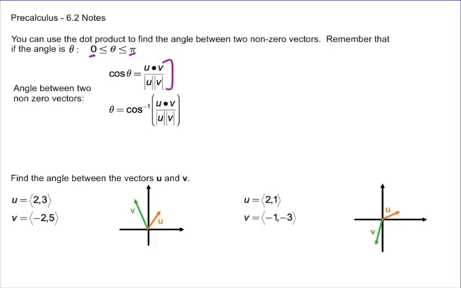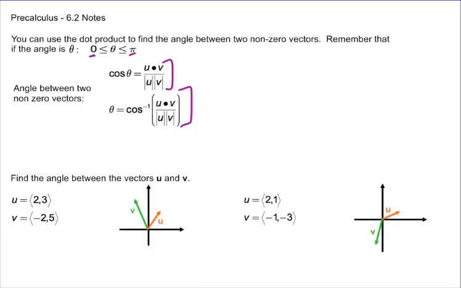On the other hand, if we know the theta and we know most of the vector information here, we can find what's missing. But these two are related. One's just the inverse of the other, so that we can find the exact specific degree that we need to find theta. And it's just using trig on your calculator.